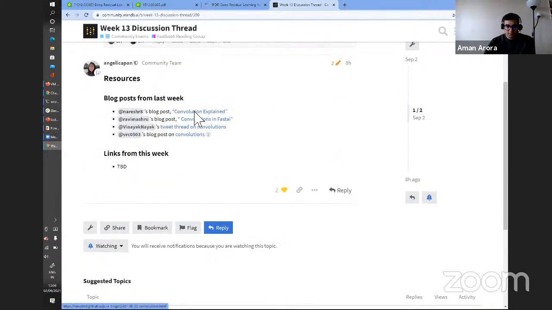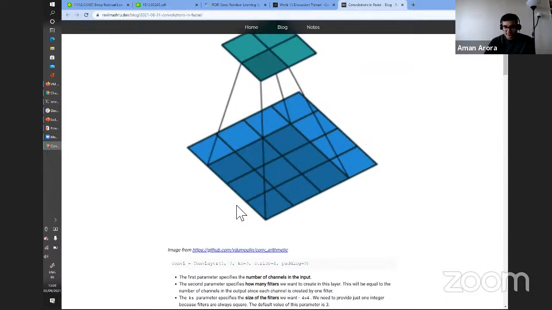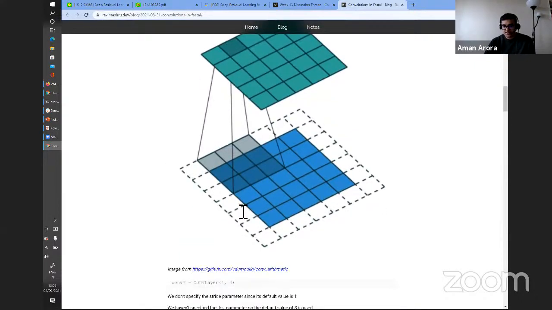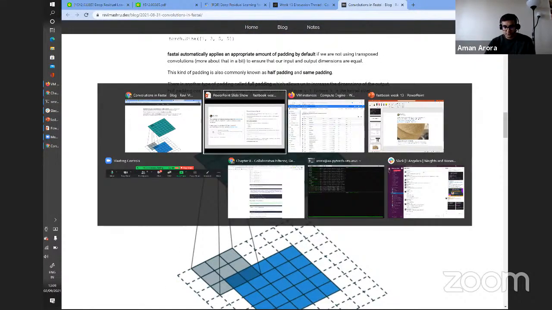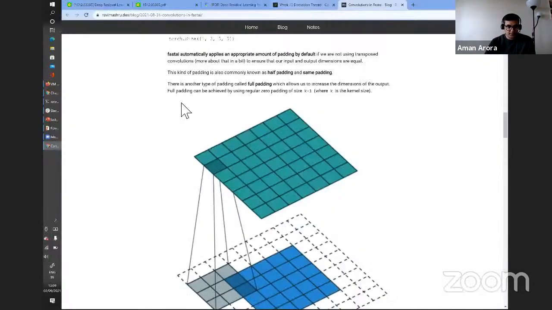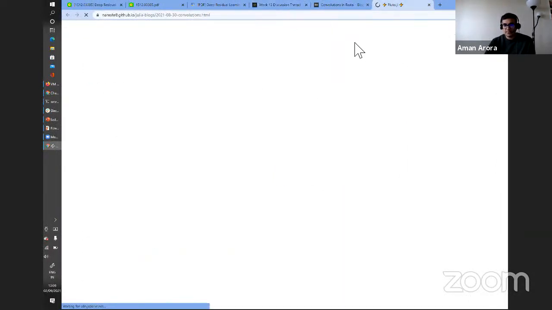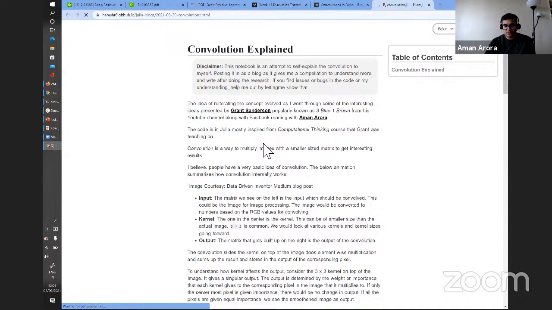Coming back to Ravi Mashru's blog post, which is on convolutions, you can see there are these nice visualizations, and it explains what strides are and what padding is. It's a really, really nice blog post that contains everything. I particularly like this one by Naresh as well. Let me go back to that week 13 thread. I click on Naresh's blog post, and you can see the convolution explained.